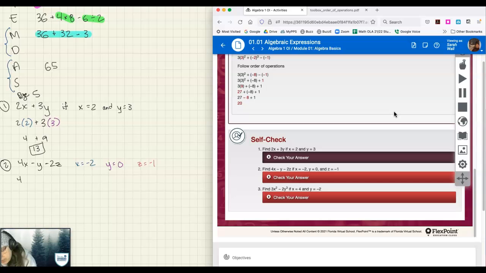I'm going to write this out so I don't have to change. Oh, just kidding, my colors. And now I'm going to substitute in. So we're going to put the -2 right there. Y is purple. So we're going to put our 0 right here. And then 2 times, what was z? -1.